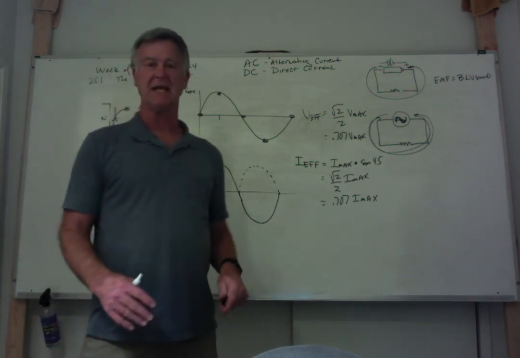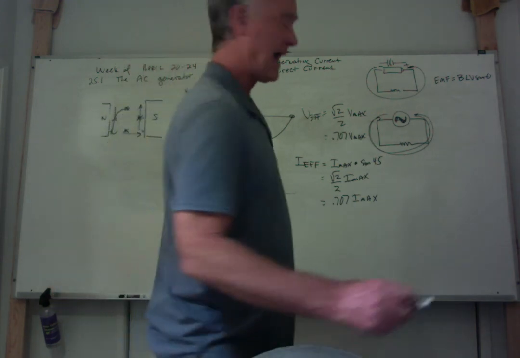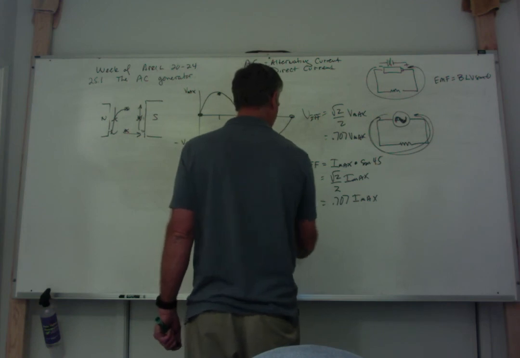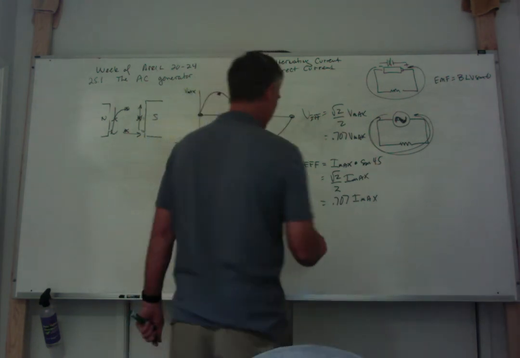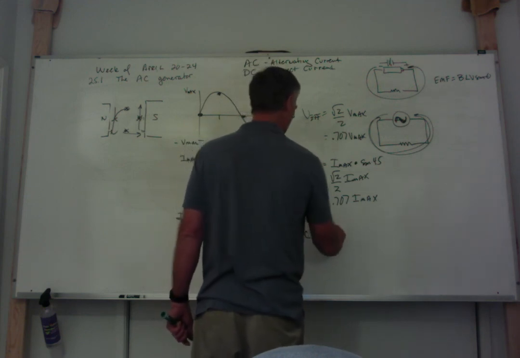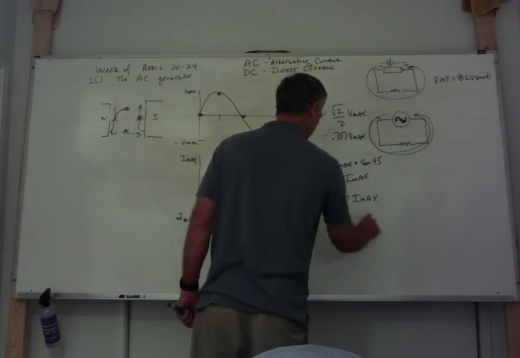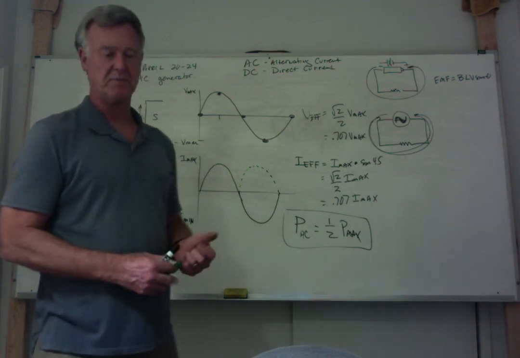Power is an absolute value all the time. So if you have the power and you want to know what is the average power output, the average power is 1/2 the maximum power. That one is the same, what you would expect. It's half the maximum power.